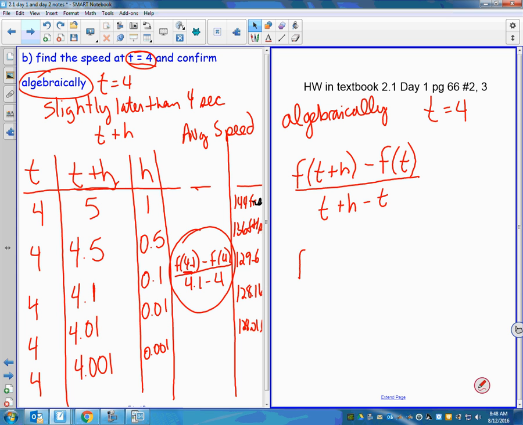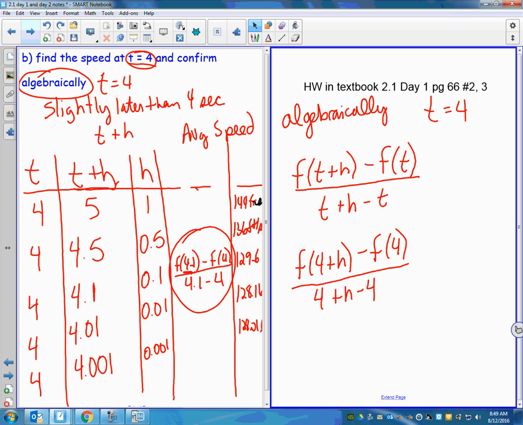So let's look at f of 4 plus h minus f of 4 over 4 plus h minus 4. And if you watch that video, they talked about secant lines versus tangent lines, and we'll talk a lot more about that in the coming days.